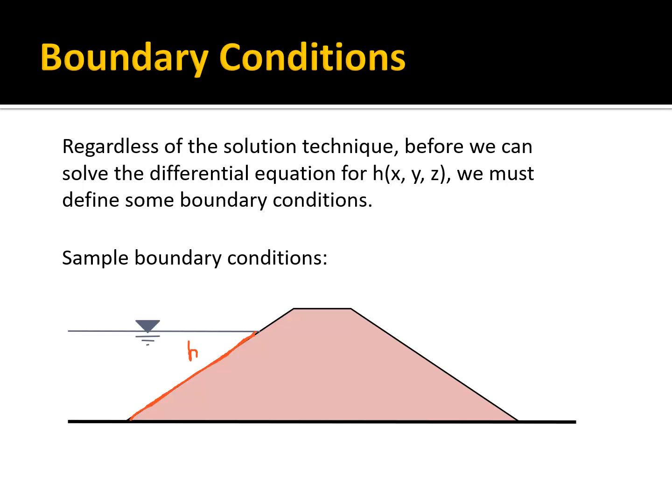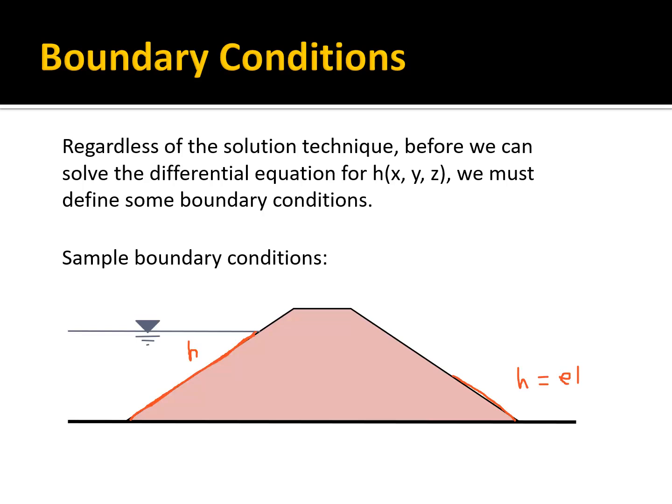Along the back side down here, this is a seepage face, and basically along this side the head is equal to the elevation. Let's see if I can sketch that here. There's no pressure head, so the head is equal to the elevation. That's a form of a boundary condition.